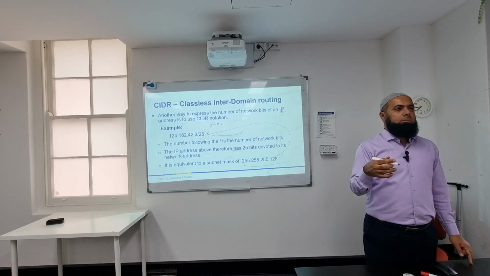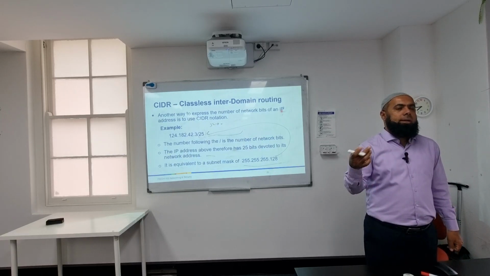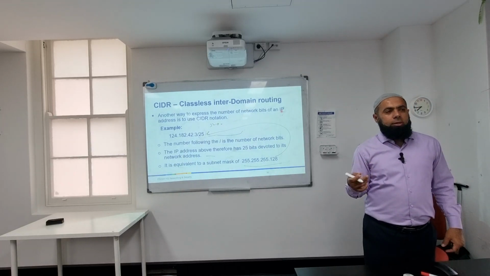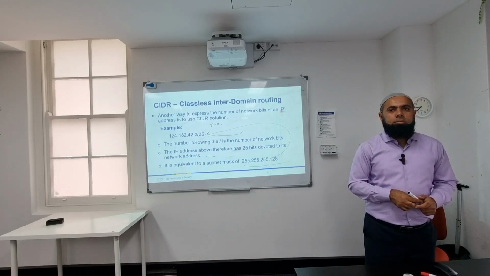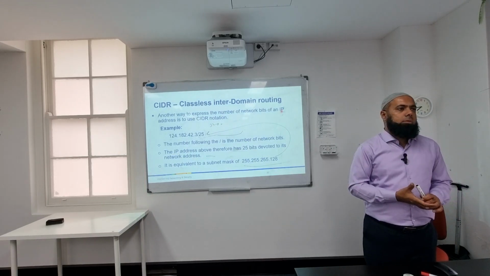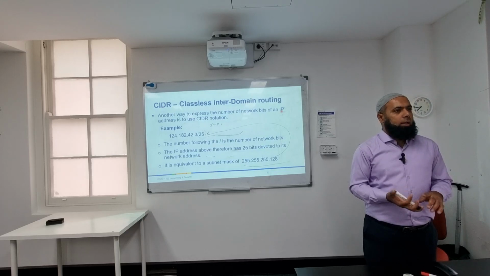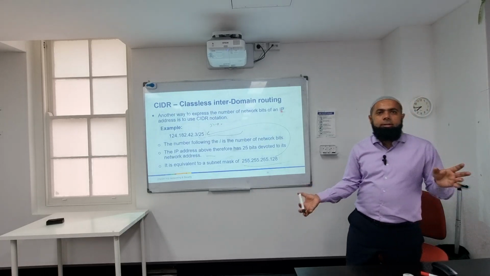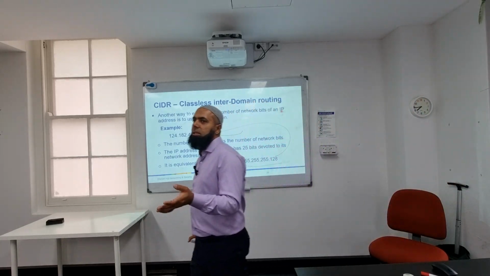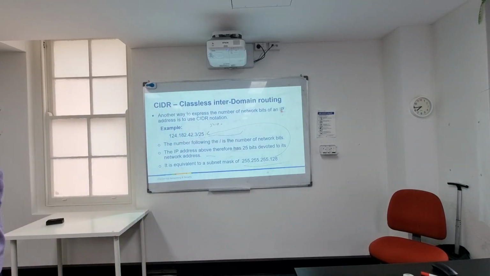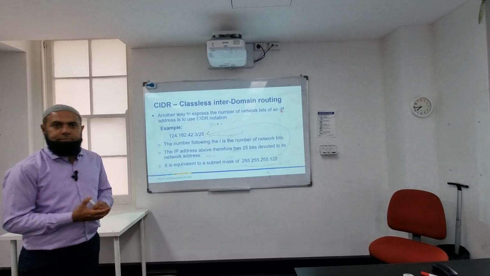If someone casually says to you, I need to design a network, we need 22 network bits, you can easily assume that 22 are the ones and the remaining 10 are the zeros. Zeros mean those 2 power 10 are the number of bits freely available which I can use to assign to the computers.